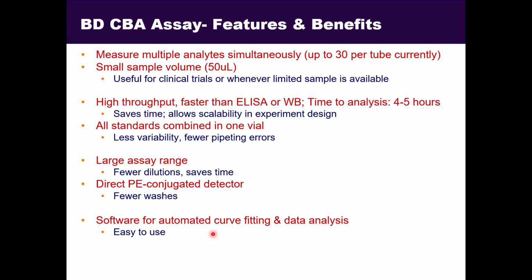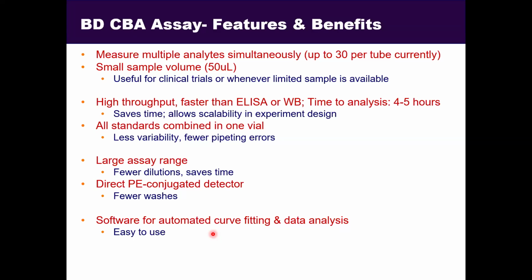ELISA takes like 4 to 5 hours or more than that, a lot of time. But in CBA, it's just a 3 hour incubation. Within 5 hours, you'll get your data ready. I'm talking about the whole thing, from the day of starting till you get your data in your hand. Just in 5 hours, you'll get it.